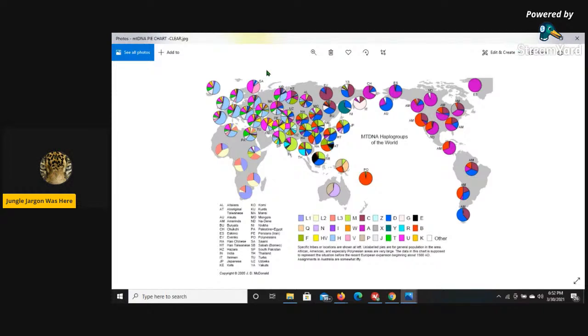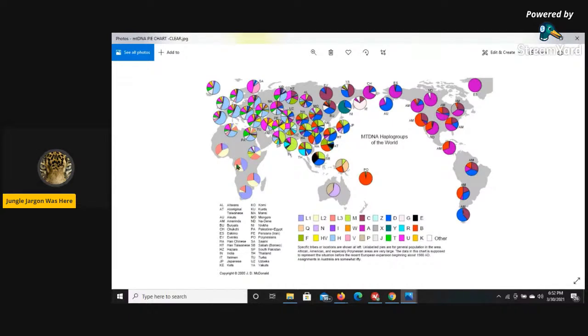Of course, this is very confusing. The color code is very confusing. A sliver right there of Asian, right here in the northern regions of Europe. And of course, back in here, we see the blue, the dark blue. And we see the G mitochondrial DNA in these areas here, apparently.